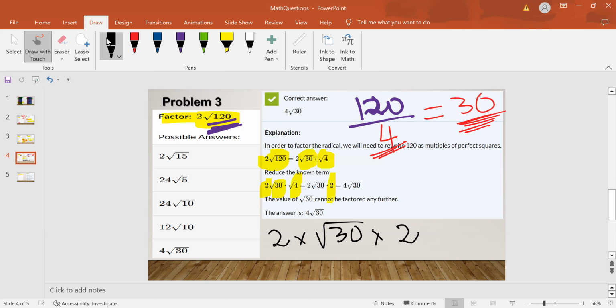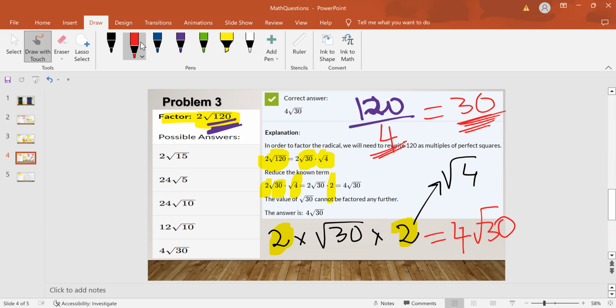And this regular 2 here came from the square root of 4. The square root of 30 stays like that. Now we're going to multiply regular to regular. That's the way a simplified square root problem works. So we have 2 multiplied by 2, regular multiplied by regular, gives you another regular, which is going to be 4 square root of 30.